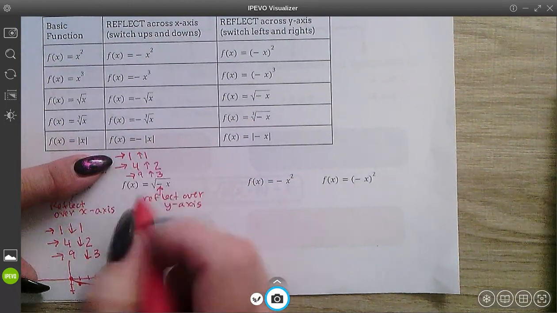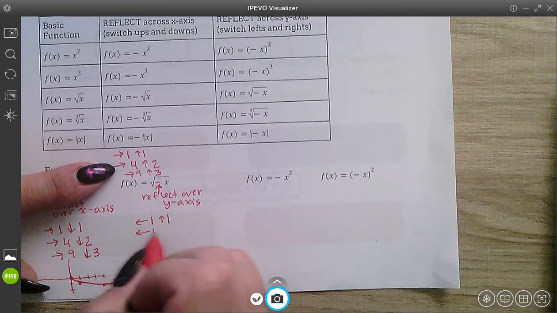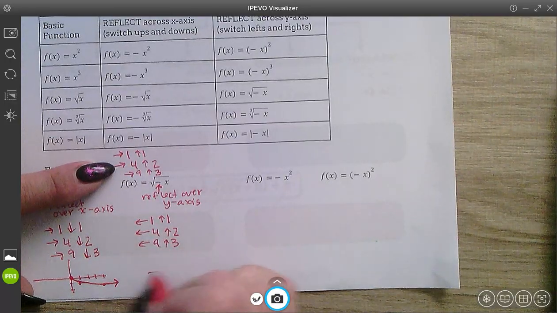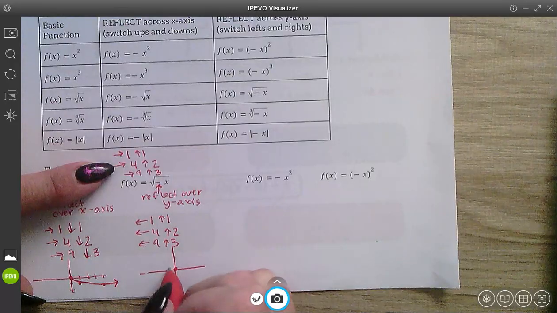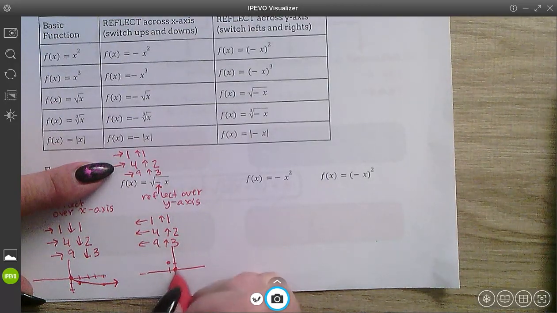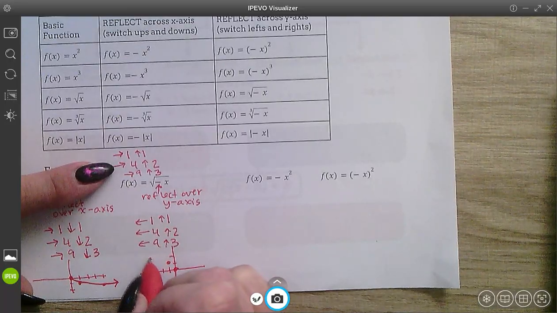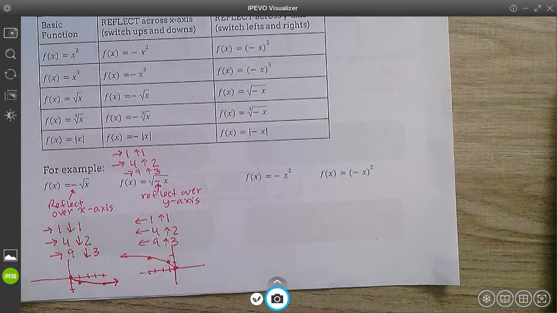So instead of going right 1, up 1, I go left 1, up 1, and then left 4, up 2, left 9, up 3. So what that does to my graph is I start at 0, 0, go left 1, up 1, go back to 0, 0, go left 4, up 2, and that makes my graph reflect across the y-axis.